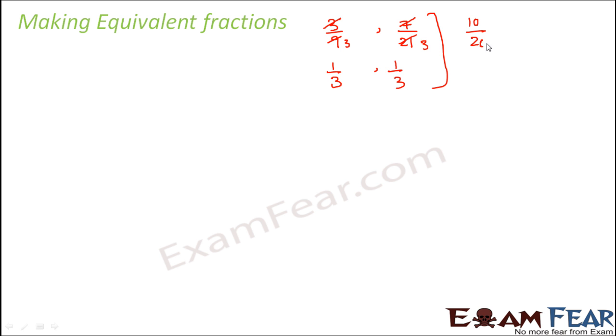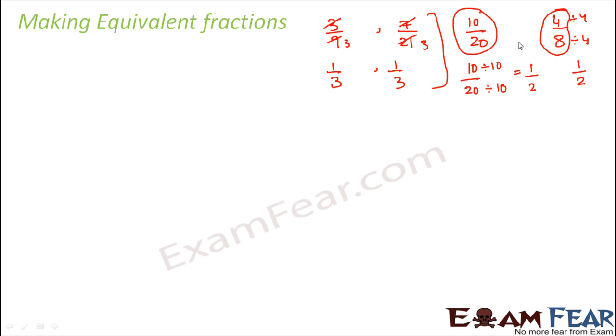Similarly, 10 by 20 and 4 by 8. So 10 by 20, if you divide both the numerator and the denominator by 10, what do you get? 1 by 2. Similarly, in this case also if you divide the numerator and the denominator by 4, you get 1 by 2. So therefore 10 by 20 and 4 by 8 are also equivalent fractions.